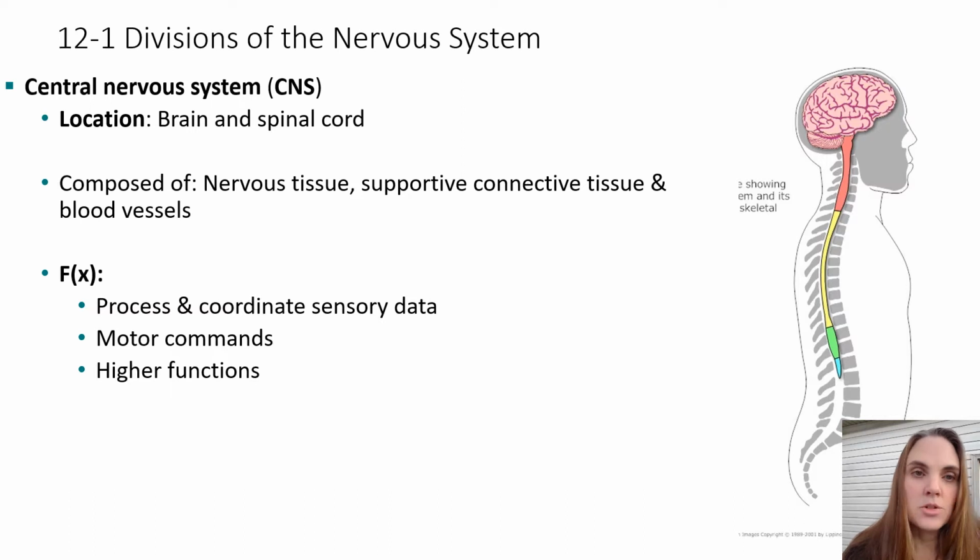So let's talk about the central nervous system first. The central nervous system consists of the brain and spinal cord, and it's made up of nervous tissue, supportive connective tissue, and blood vessels.